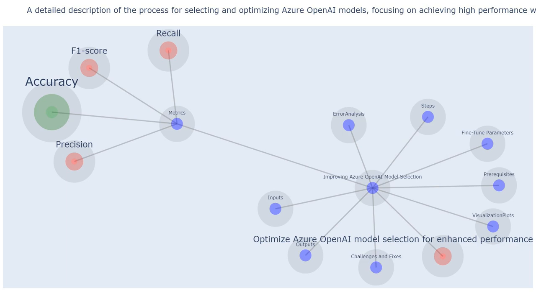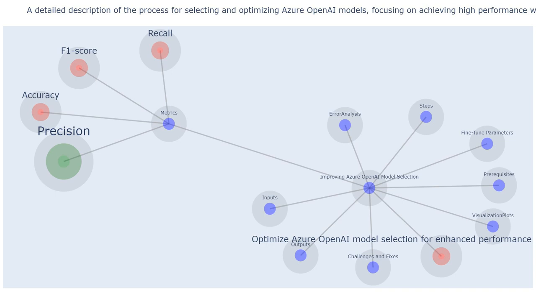Accuracy measures the overall correctness of the model's predictions, reflecting the proportion of correctly classified data points. It is a fundamental metric used to assess the model's overall performance. Precision quantifies the accuracy of positive predictions made by the model, indicating the proportion of correctly identified positive cases out of all cases predicted as positive.